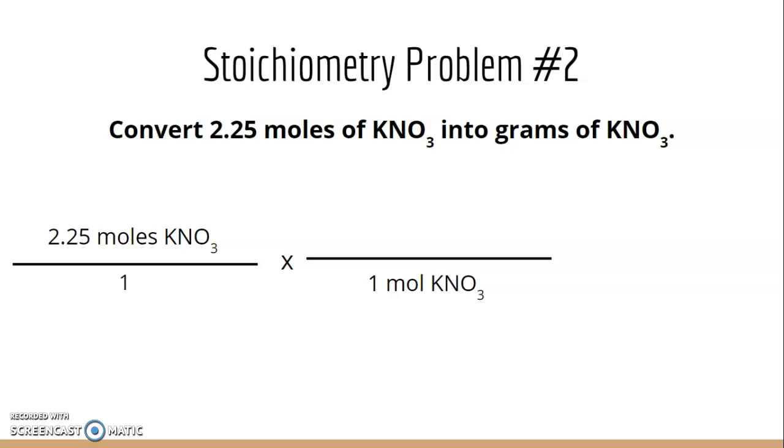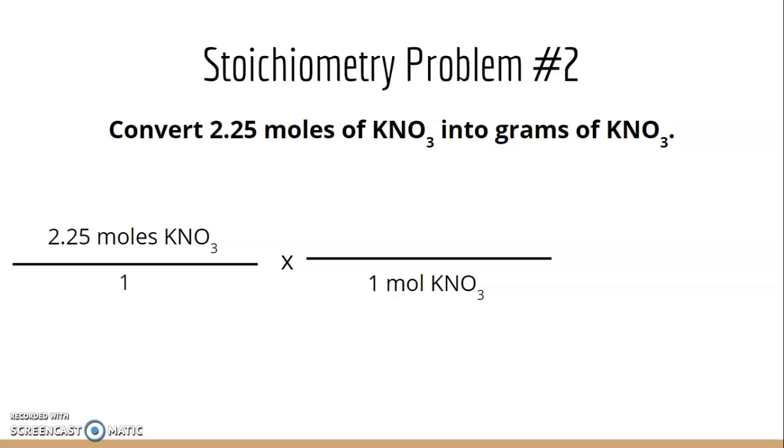So the next step we have is to determine our conversion factor. Well, we see in the numerator, we had a unit of moles of KNO3, so we know that in our denominator, we're also going to have that same unit. And we know to put 1 because there isn't a standard molar value, and that's just to make sure that we are able to convert our moles into grams.